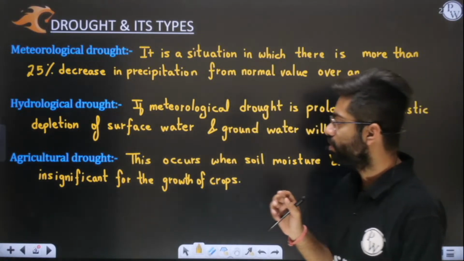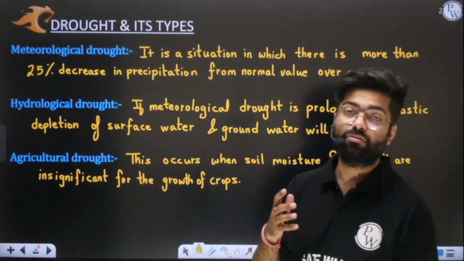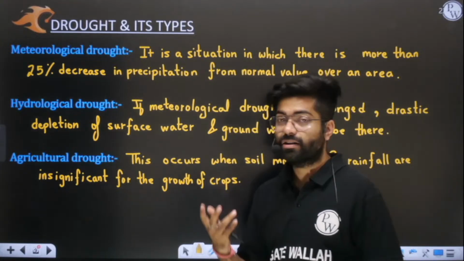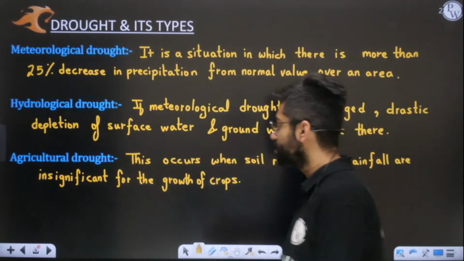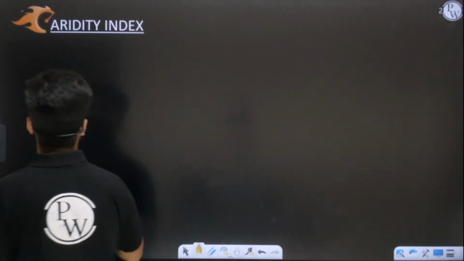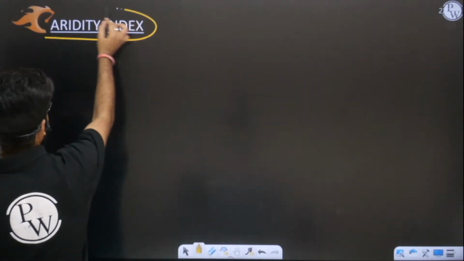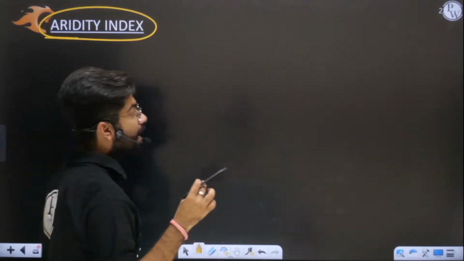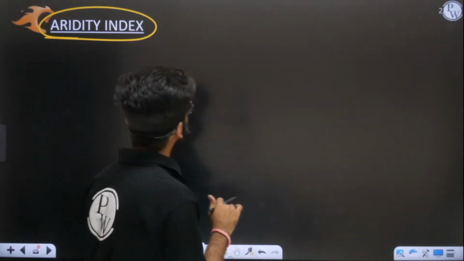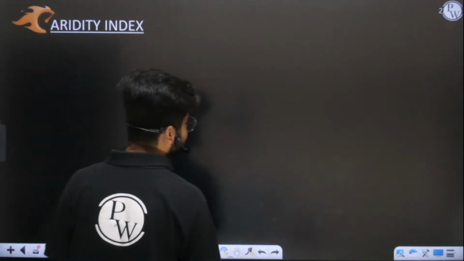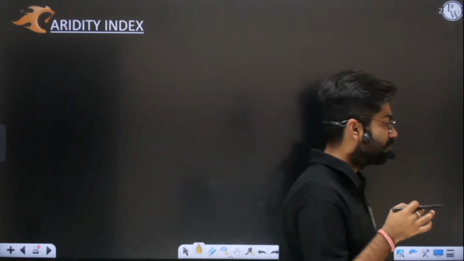To measure how bad this agricultural drought is, we use an index known as the aridity index. This index denotes how tough your agricultural drought is. Is it severe, mild, or moderate? The aridity index is a scale on which agricultural drought severity is measured.